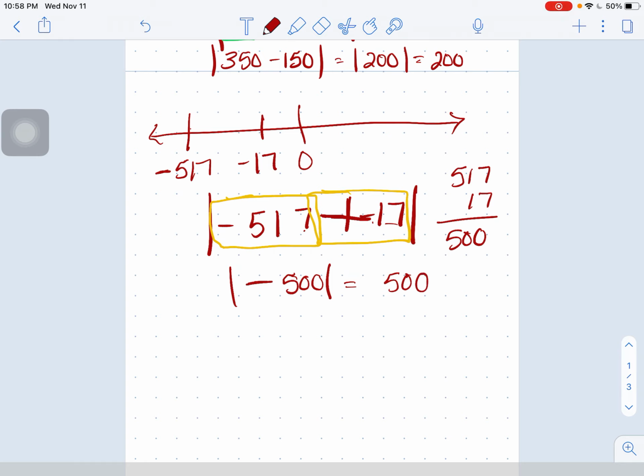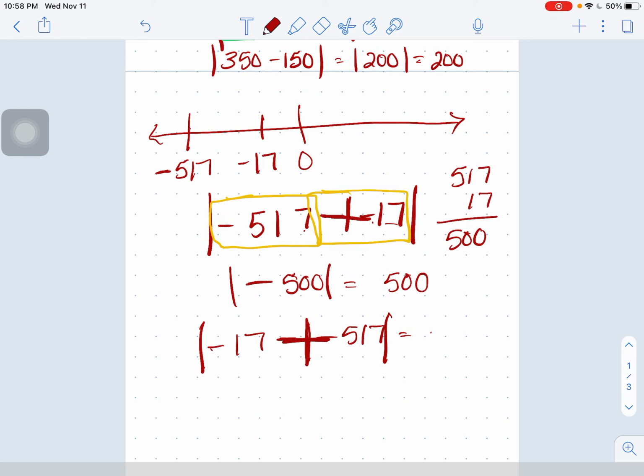Now let's flip and try it the other way. We have negative 17, negative 517. I'm going to subtract them and find the absolute value. 2 negatives make a positive. I need to figure out what I have more of. And now that I've flipped them, I actually have more positives. So my answer is going to be a positive.